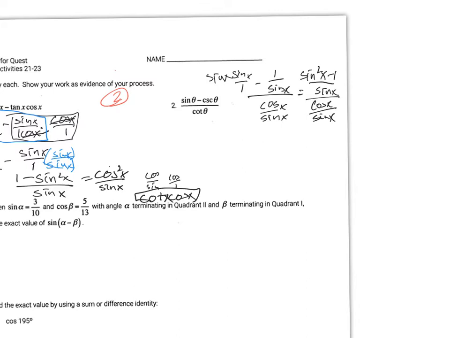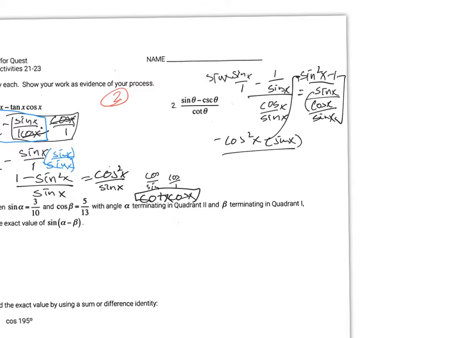And again, sine squared x minus 1 is negative cosine squared. So I'm going to do a couple things here. This is going to be called negative cosine squared. That's this thing, times the sine of x.